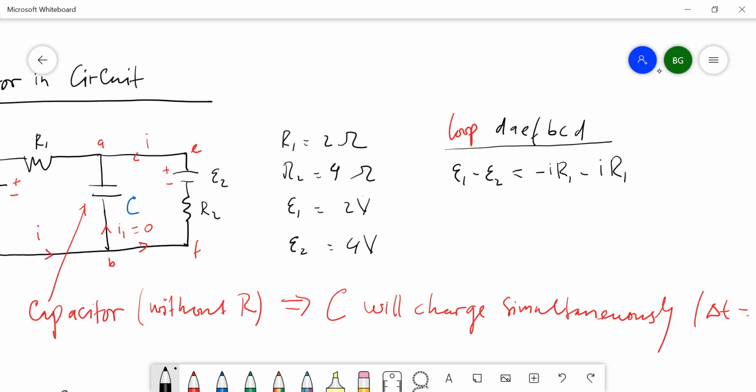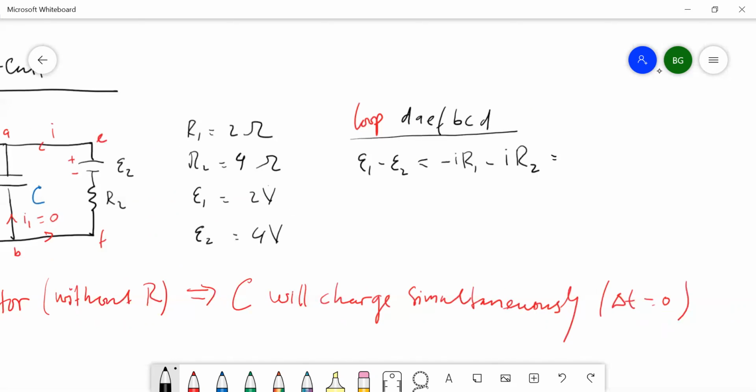So it means that we have minus I times R1 plus R2. If we take the values, epsilon 1 is 2 minus 4 minus I times 2 plus 4.